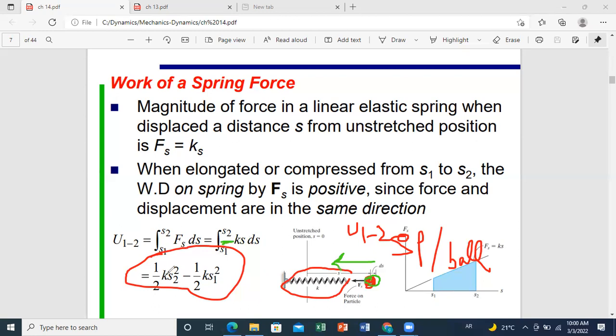This will lead to the work on the ball being just minus half k delta L2 square plus half k delta L1 square. So these are two formulas that are widely used. Whenever you have weight or spring, you can just apply these relations. Okay, any question on this?